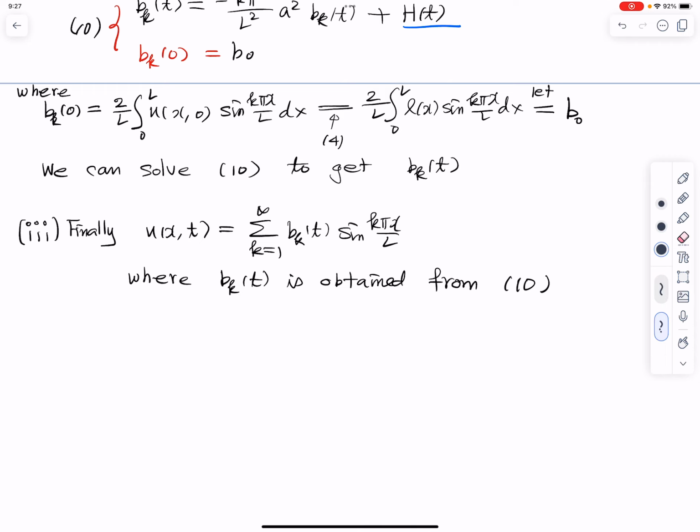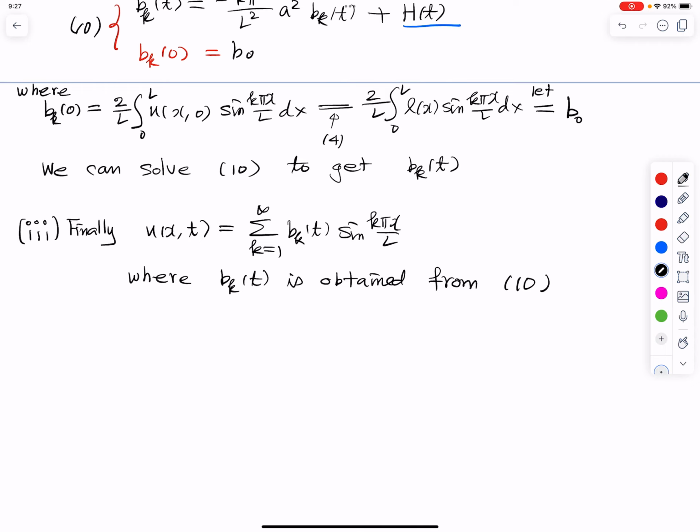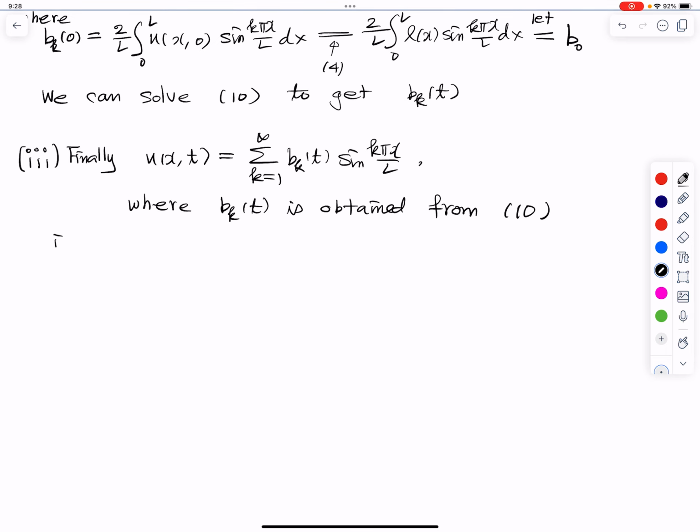Finally, this is a solution of equations 1, 2, 3, 4. So this is the final step.